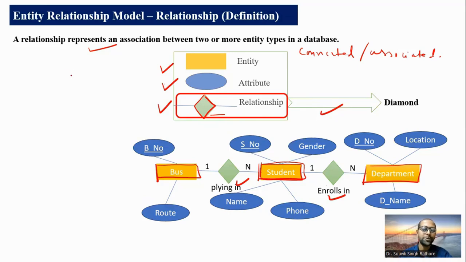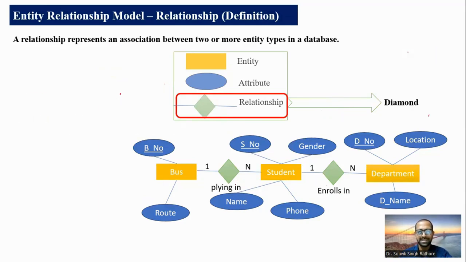Another important point to note is a relationship should have a meaningful name that describes the association. For example, student enrolls in department, employee works in department, a student enrolls in a course, doctor prescribes medicine to patients. The relationship name should make the association understandable.